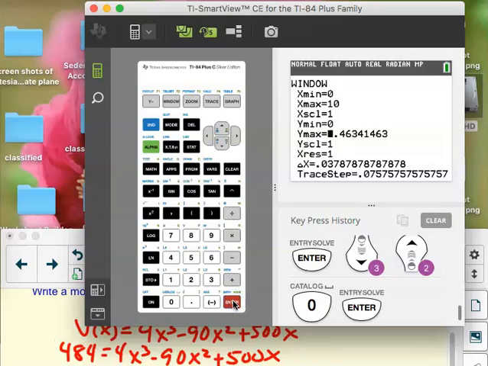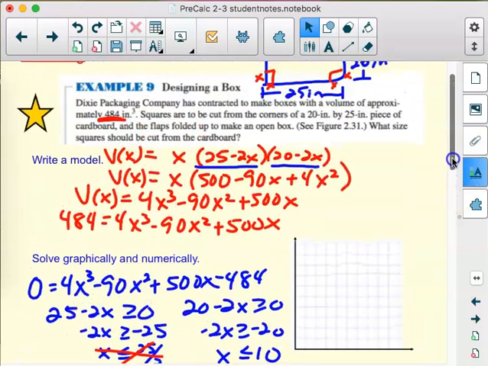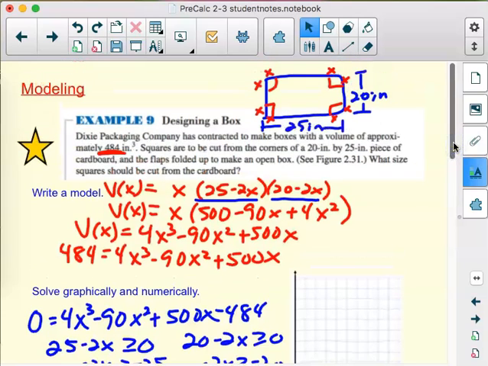But what you want to do is you want to think, okay, if I have to pick the highest number this could possibly be, then maybe I'll just think along the lines of a little number like 1 up here. If x came out to be 1, and I took 1 times 20 times 25, that would give me 500. We know it can't.